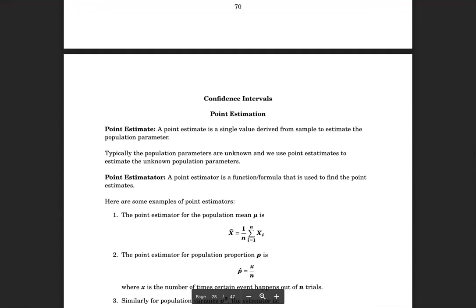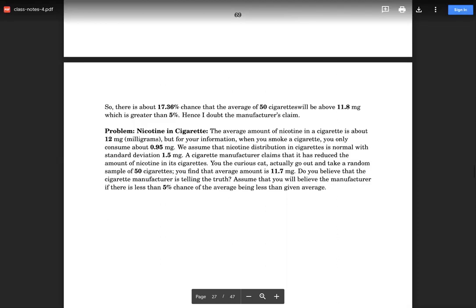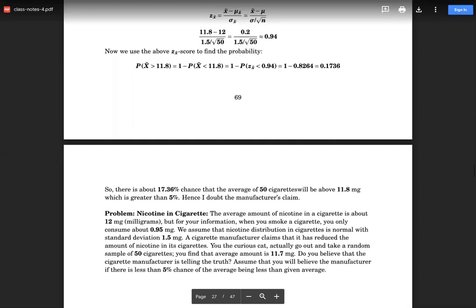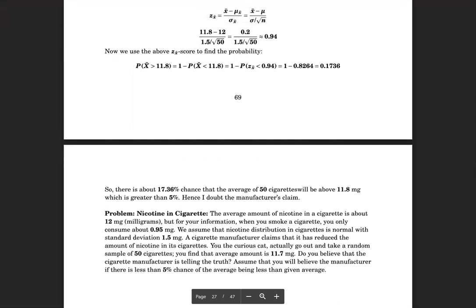Then we are going to jump into confidence interval. So I'm hoping that by March 31st or so, which is a Monday, by that class we will be finishing the sampling distribution. If I can't, then maybe it will go to the next class, which is April 2nd.